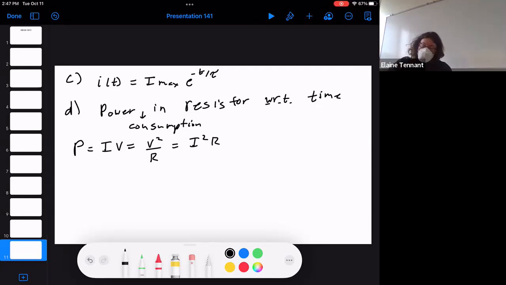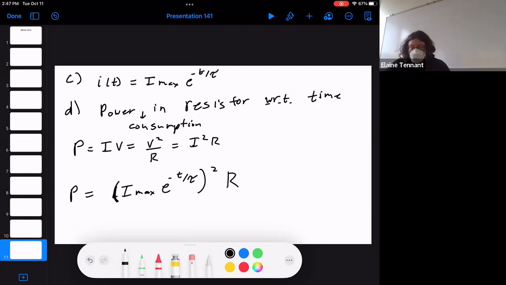I know the resistance, so we will just take this and say I squared times R. So we have I max squared times R multiplied, and we're just going to have an extra 2 in our exponent, like that. That look okay?